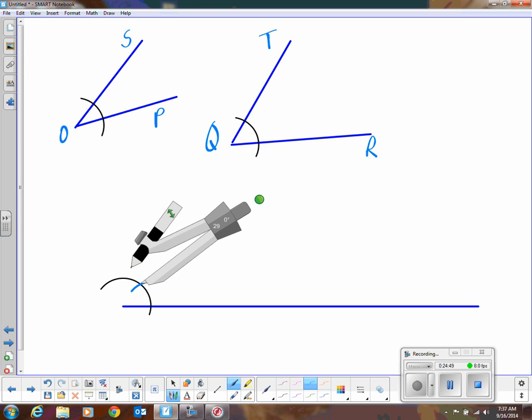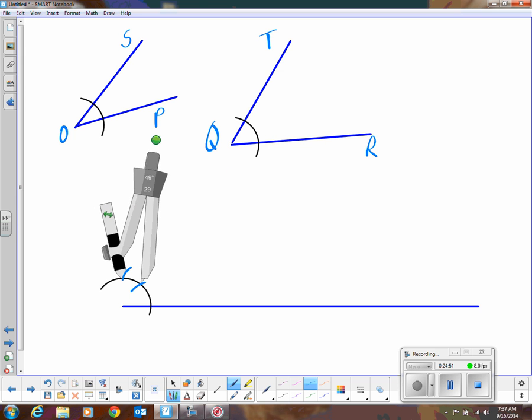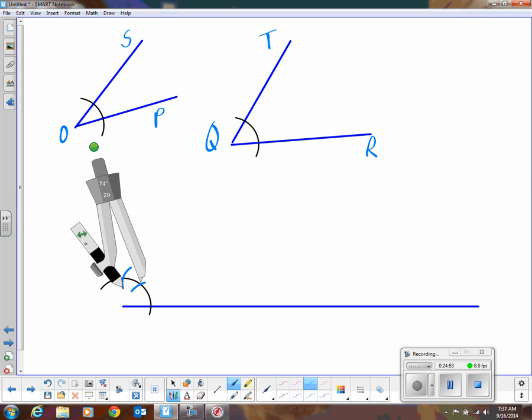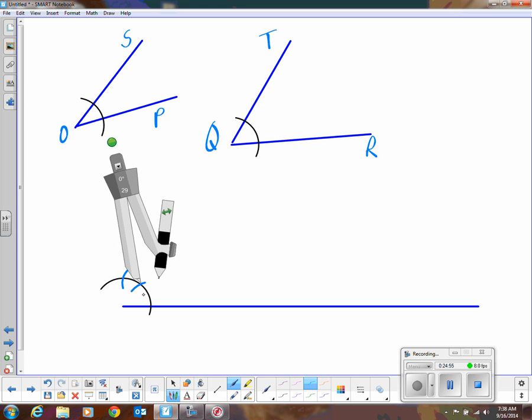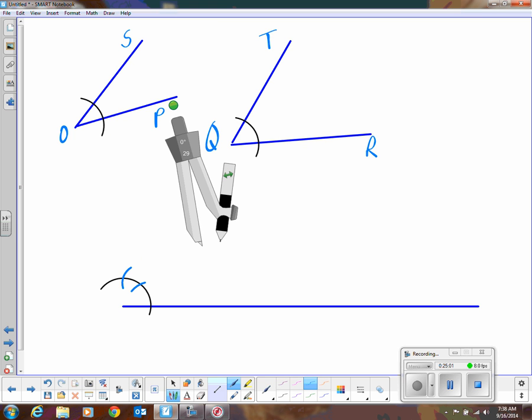If I make an arc over here, I am doing what? Adding. If I do an arc over here, I would do what? Subtracting. So now you're going to connect this vertex to that point of intersection.